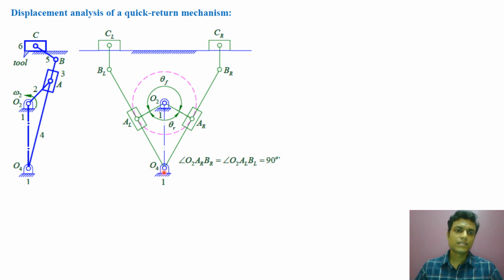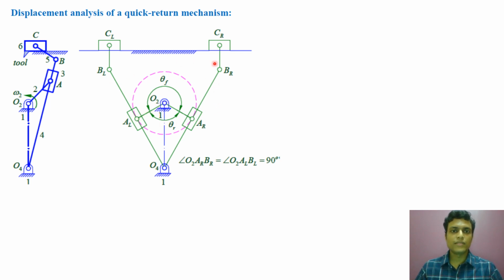And similarly we will draw a tangent on the left hand side with the length of link number 4, that is O4BL. So this is the extreme left position of the slotted arm, link number 4. Now at this instant when it is at extreme right, the crank will be at O2AR, and for the extreme left position the crank will be at O2AL.